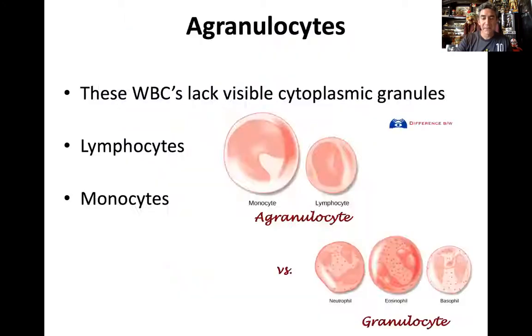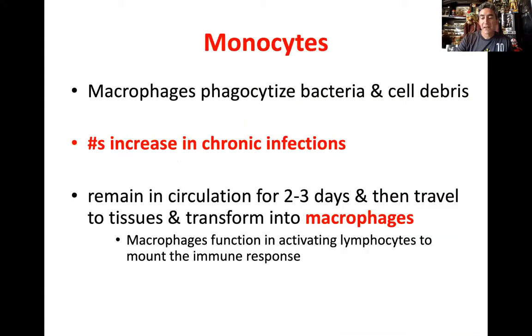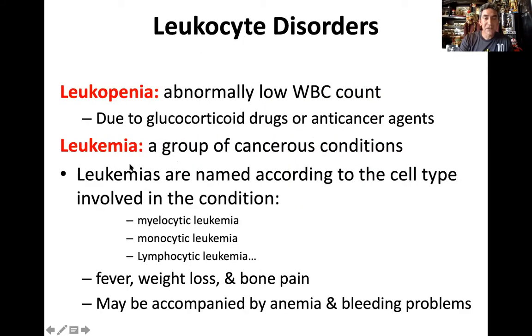So again, it can be very complex as to which leukemia, which actual cell in the developmental pathway is being affected. Again, it can cause fever, weight loss, bone pain, and can be linked back to anemia, so this is a red blood cell issue, and bleeding problems, which is going to be a platelet issue as well. So lots of different stuff going on there.